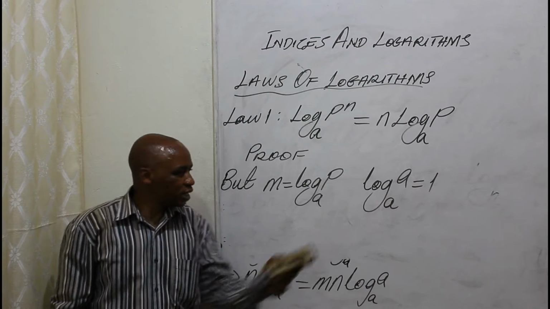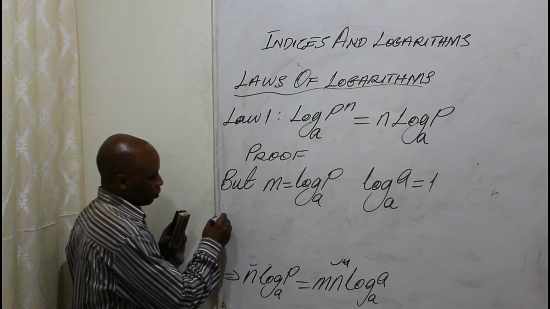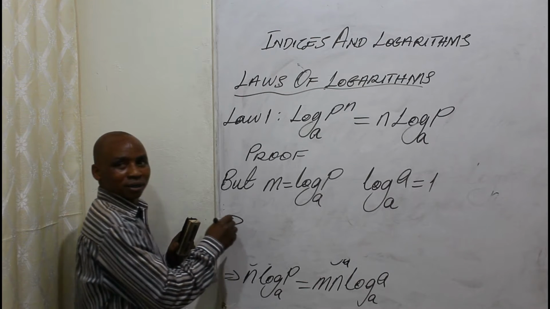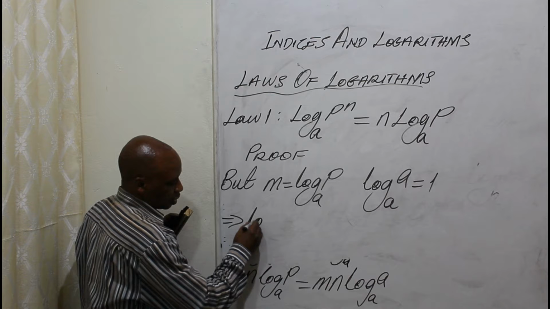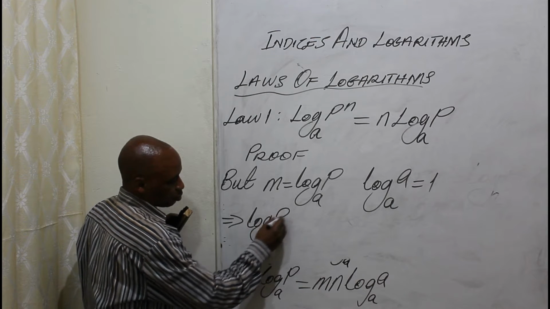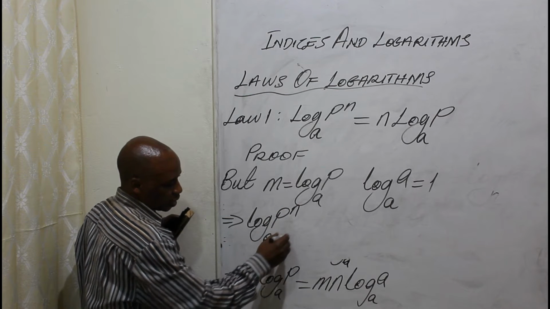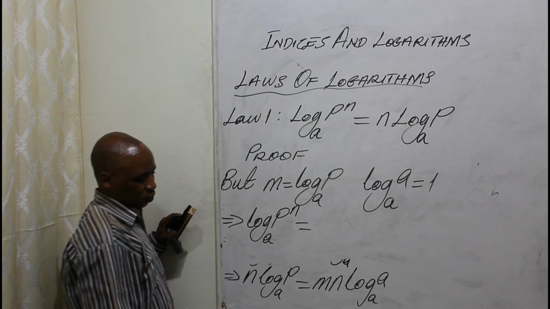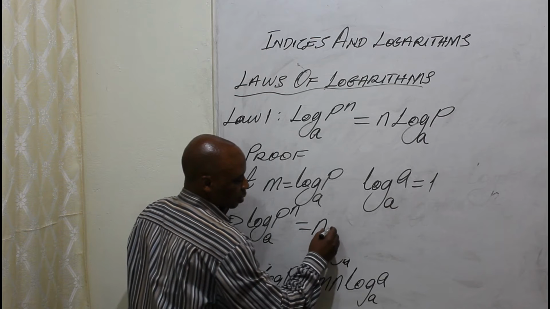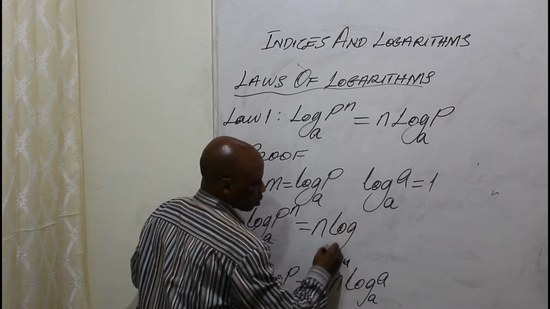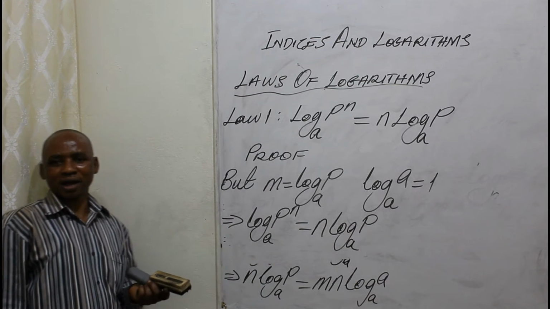So when you substitute this into the equation, we will end up getting the log of p to the power n base a being equal to n log p to base a, as required.